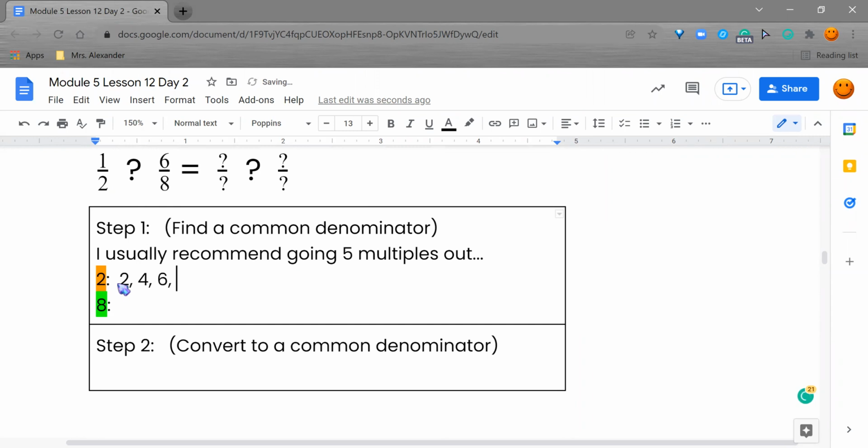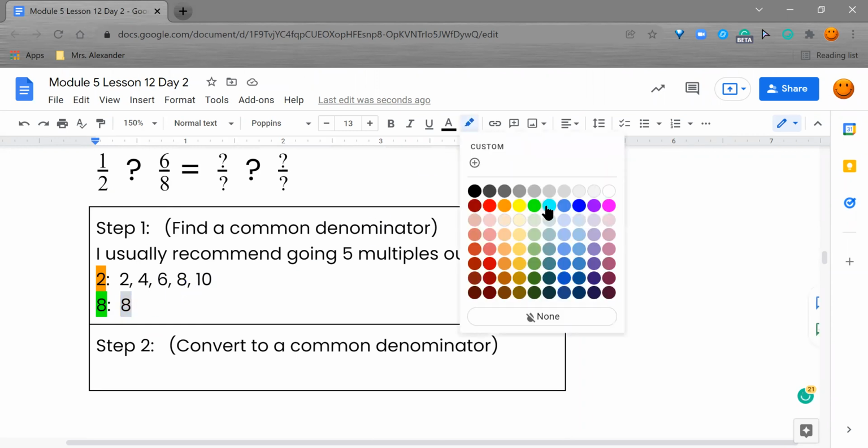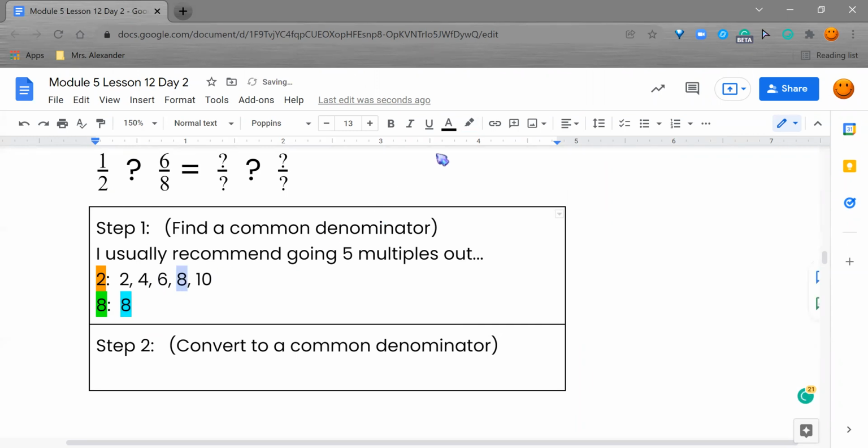So I went 5 numbers out, but I count by 2s: 2, 4, 6, 8, 10. Now I'm going to count by 8s. I'm going to start off with 8. Oh, look at that. There's an 8 there. So right here, I'm going to stop. My common multiple is 8. I don't have to go any further.